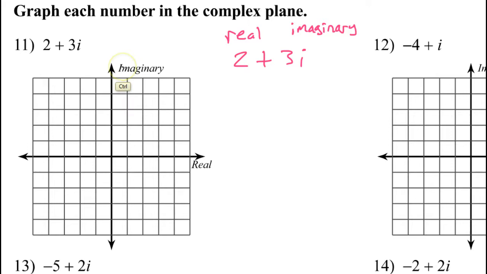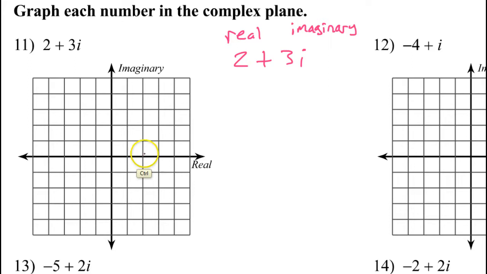Now, the complex plane, instead of having an x-axis and a y-axis, has a real axis and an imaginary axis. So we will use the real part to tell us how far to the left or right we will go, and we will use the imaginary part to tell us how far up or down we will go. Because 2 plus 3i has a real part that is 2, that tells us to go over 2 on the real axis.